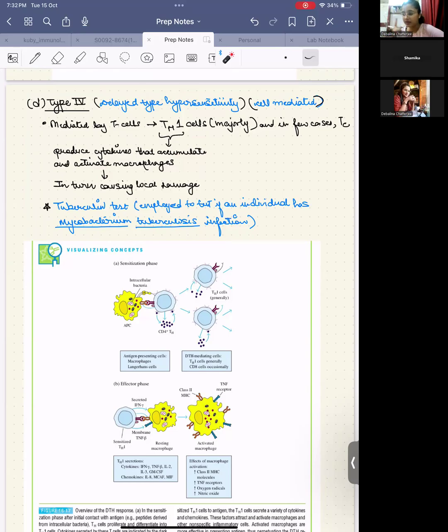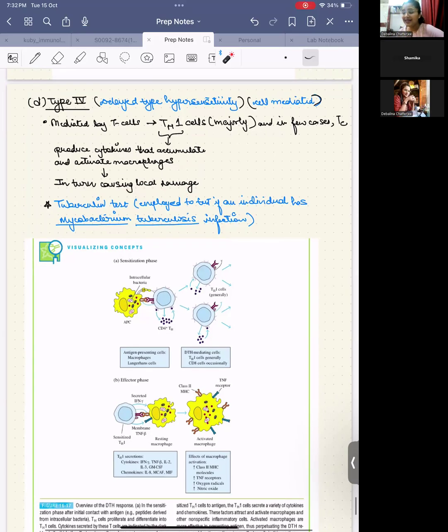Because of this activation of macrophages, there is a lot of local damage happening in your tissue. Now, why is it delayed type? Because your adaptive immune system player, the T cell, is involved. And activation of the adaptive immune system takes a couple of days.